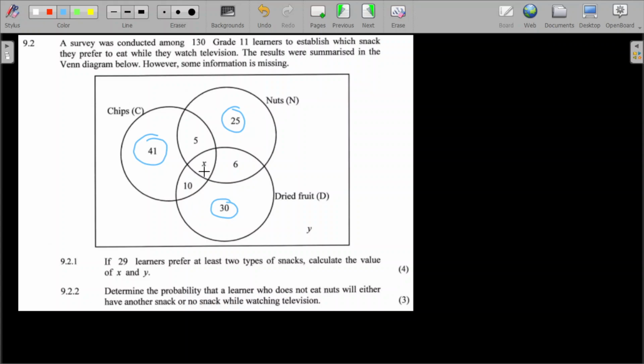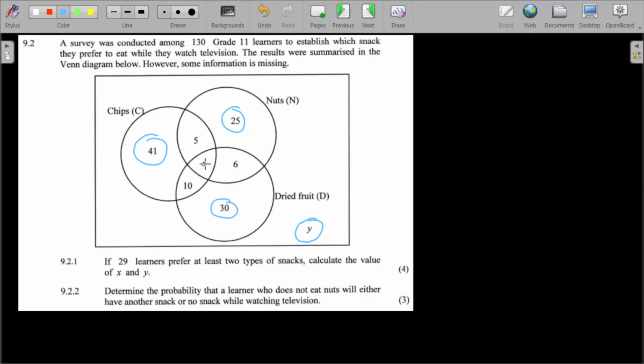And X here is for everyone, for chips, nuts and dry fruit. And Y that is outside here is for neither. So this Y doesn't take chips, doesn't take nuts, doesn't take dry fruit, doesn't take anything. It has to do with these three snacks that are there.